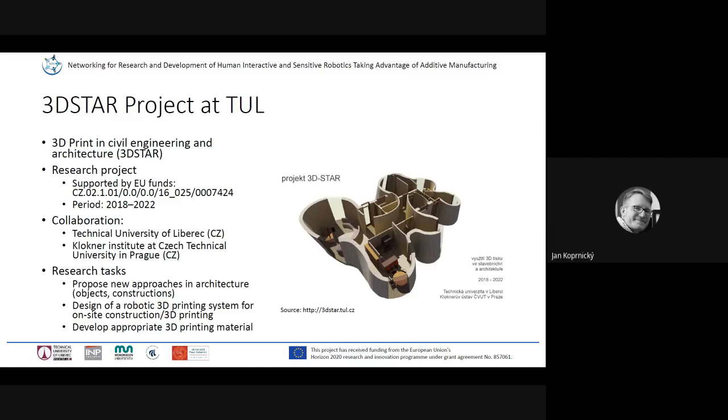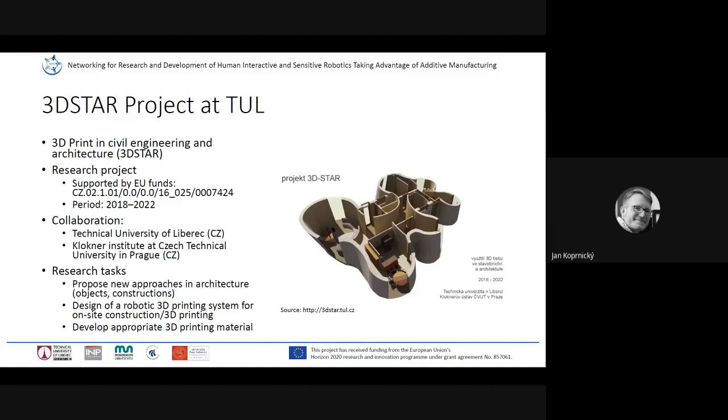Propose new approaches in our architecture, from the point of view of objects and construction parts, then design of a robotic 3D printing system for on-site construction 3D printing, and of course to develop appropriate 3D printing material, which is not on the market right now.